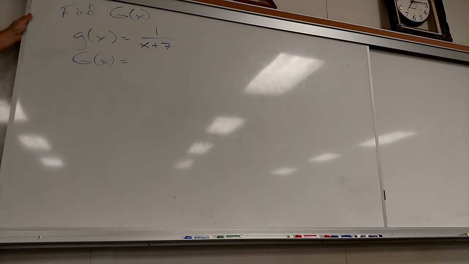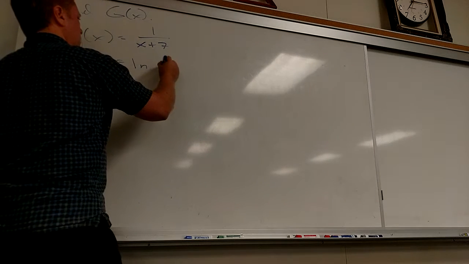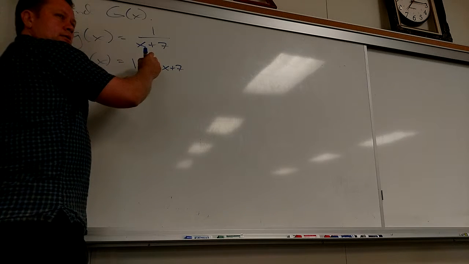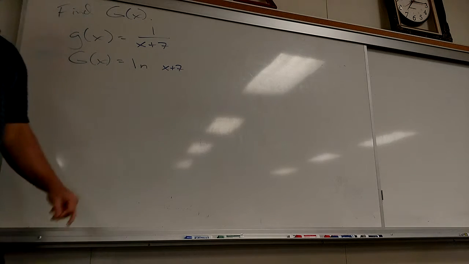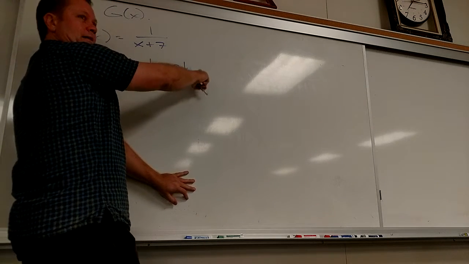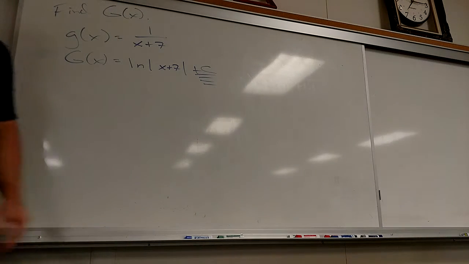What would I take a derivative of to get here? Yes. Yeah, and anybody remember the little thing to be careful about? How to do absolute value. And of course, plus C.